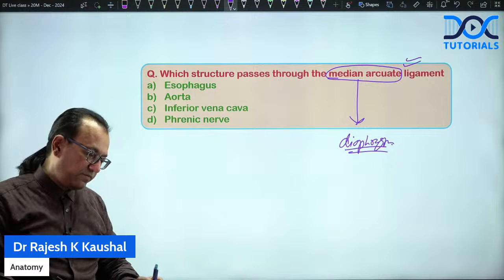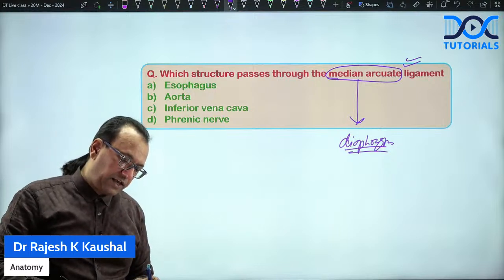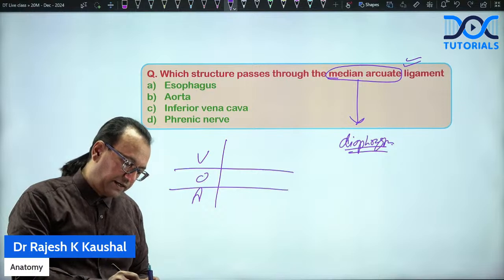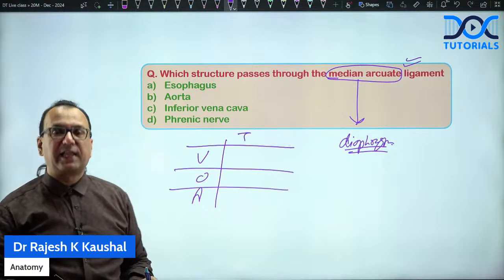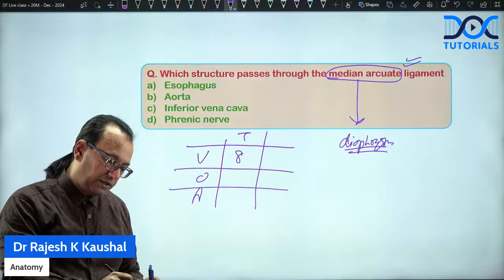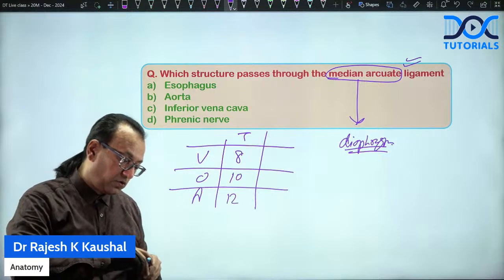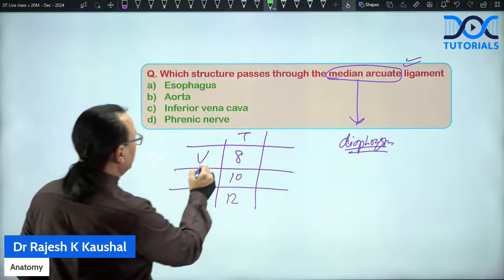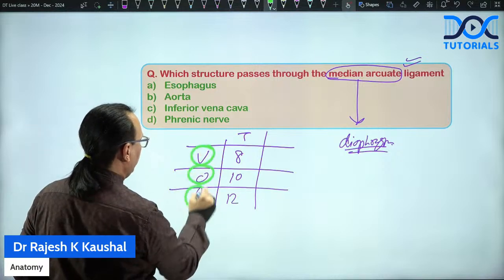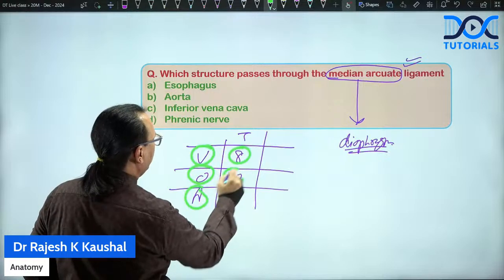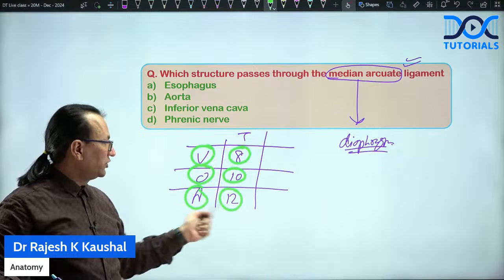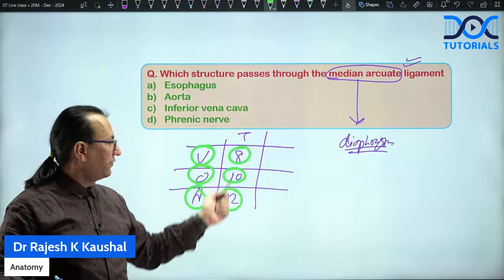And for the diaphragm, there is a mnemonic, voice of anatomy, and it is the thoracic vertebral level. There are some openings, 8, 10, 12. When we are talking about the diaphragm openings, voice of anatomy, thoracic 8, 10, and 12. These are major openings through which some structures will be passing in the diaphragm.